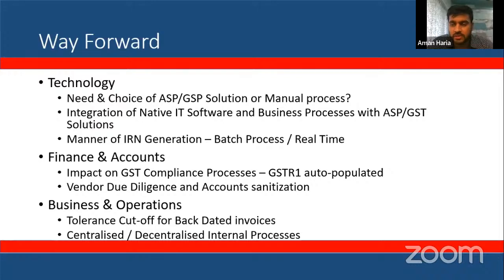Lastly, from a business and operations point of view, as we discussed, there is a timestamp which will be provided along with the IRN. As a result of this, it is going to be very easy for any officer to determine how late you have generated the e-invoice from the invoice date.